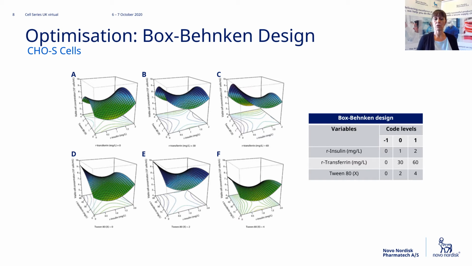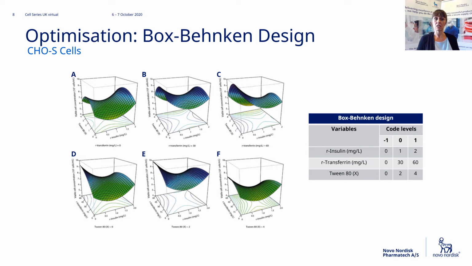And therefore, 21.3 milligrams per liter of transferrin, 2 milligrams per liter of insulin, and 1.8 times Tween AT was selected as the optimum condition.